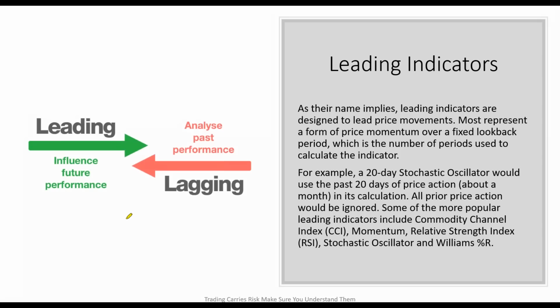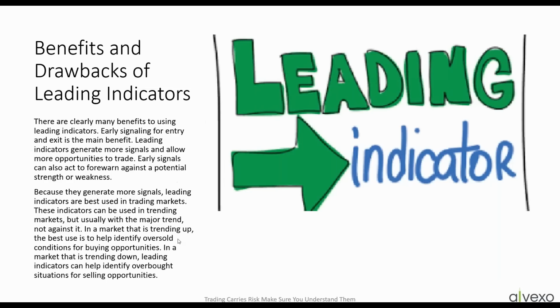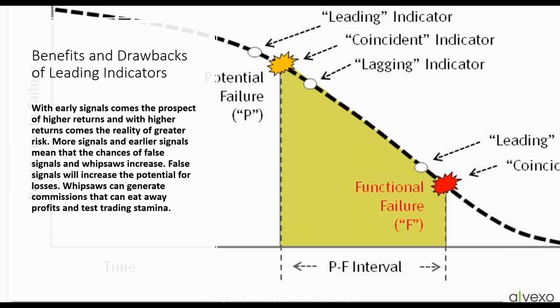But remember, understanding leading and lagging indicators is very important. Don't get yourself stuck in the prejudicial terms. There are all kinds of benefits and drawbacks to leading and lagging indicators. So understand where they are in price movement. Here we can see a leading indicator might have given you a prediction here and a lagging indicator here.